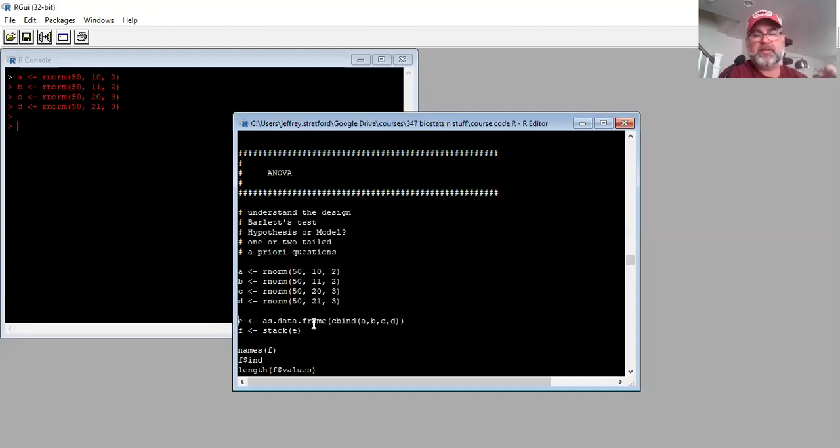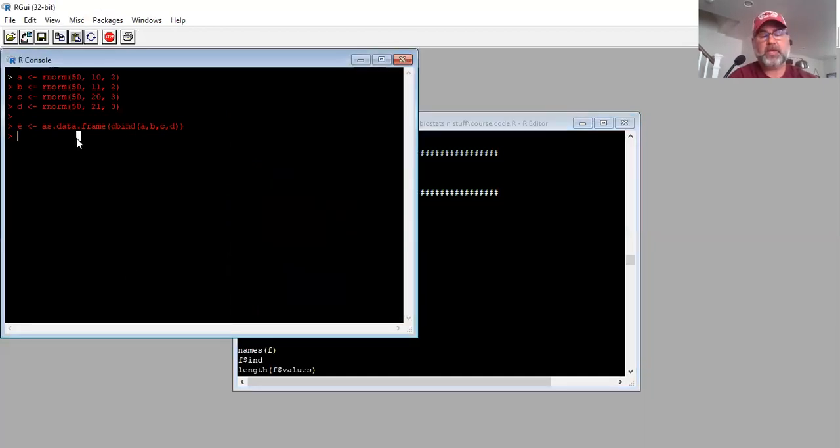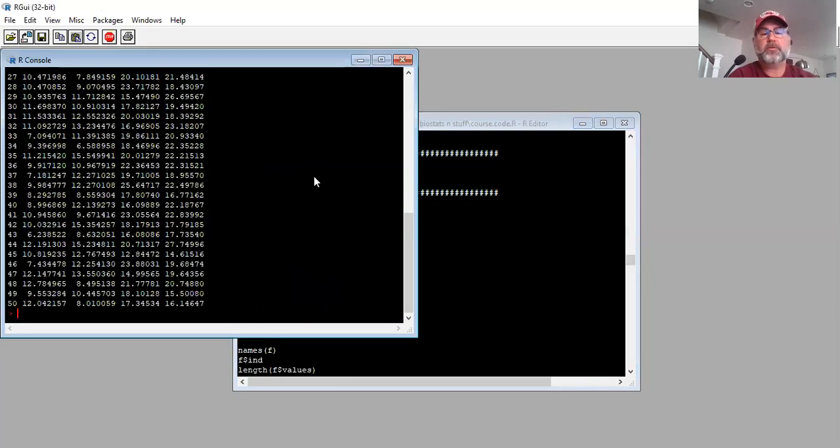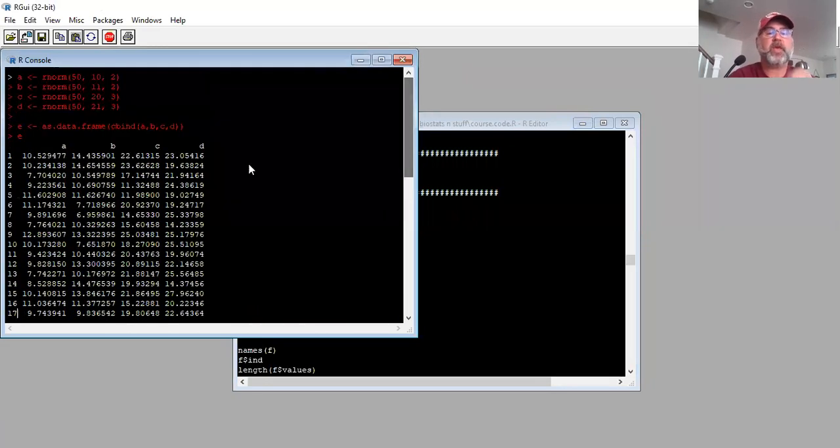A, B, and then cbind A, B, C, D, what that does is it puts them all together, and then we take that group and turn it into a data frame. So we can just look at E by typing in E.